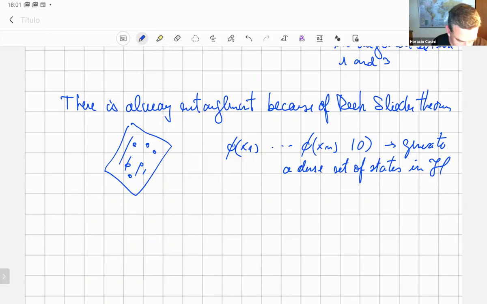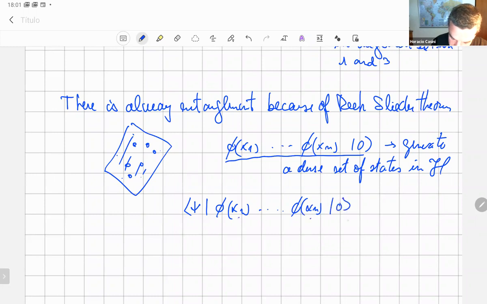And the way the Reeh-Schlieder theorem is proved is the following. Suppose that this is not the case, that this does not generate a dense set of states, where x1 to xn are points inside the region. It must be the case then that there is some state that is orthogonal to all this, for any points inside the region. And this is 0.